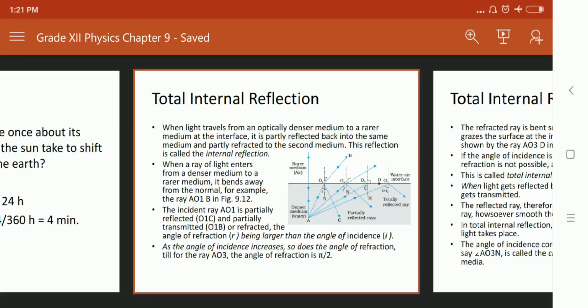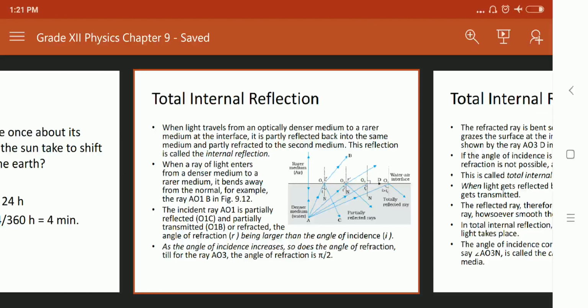From the denser to the rarer, the ray is propagated. Some of the component is reflected back along O1C and some is refracted into medium 2 along O1B.